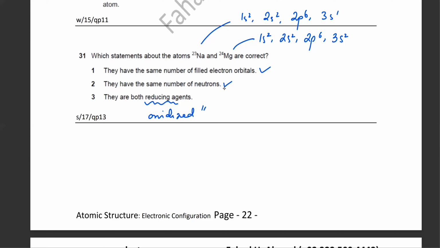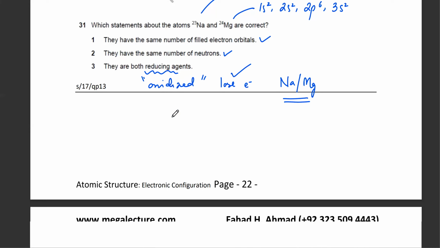Reducing agents like to get oxidized, which means that they lose electrons. Since both Na and Mg are metals, they like to lose electrons. Metals always like to form positive ions. So that statement is correct. All metals are pretty good reducing agents because they like to lose electrons and get oxidized.